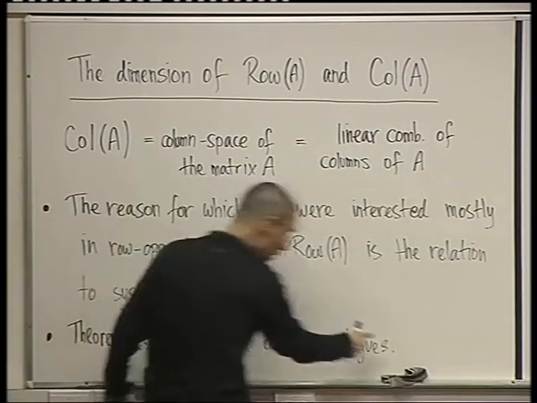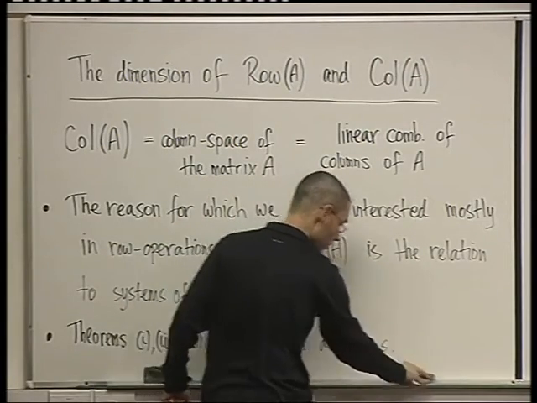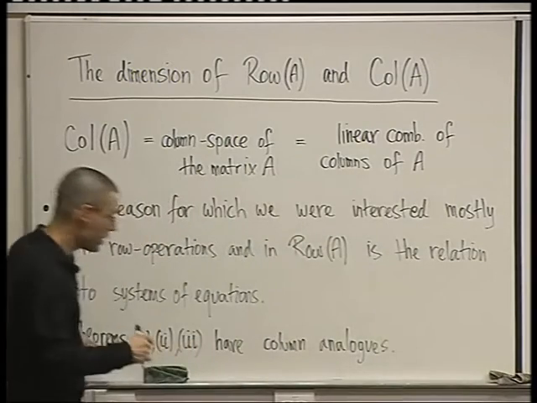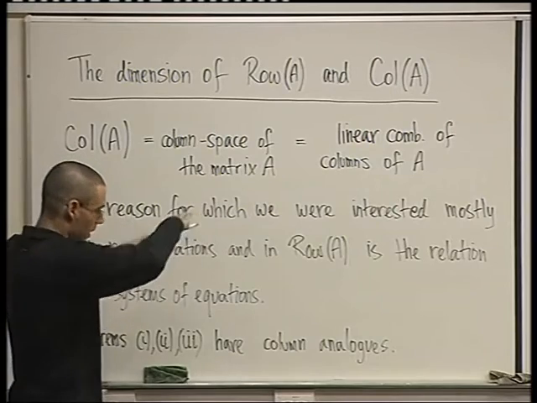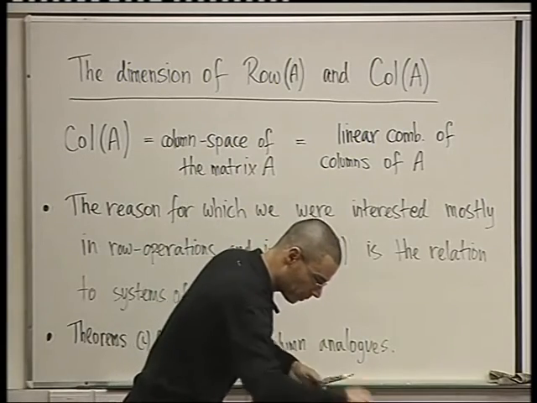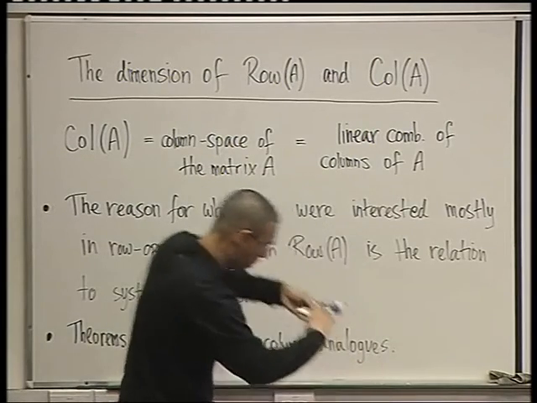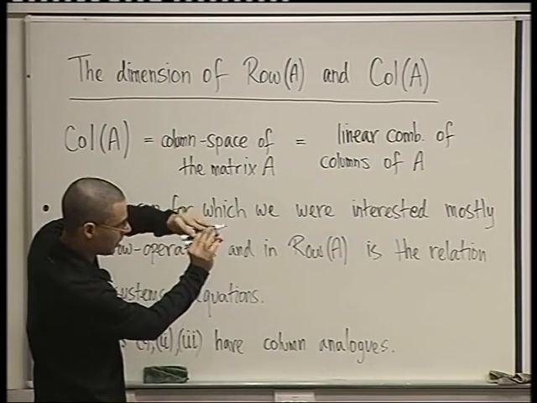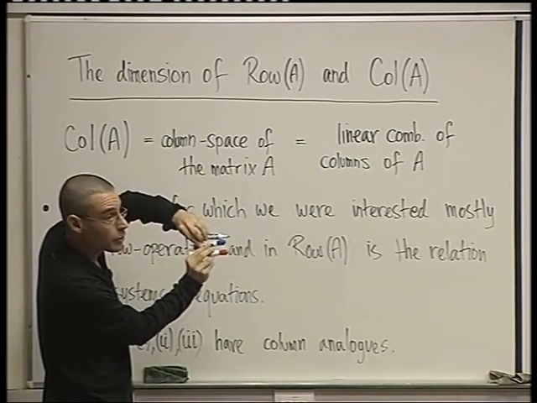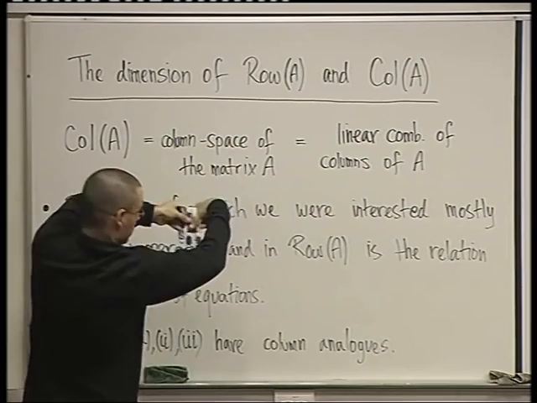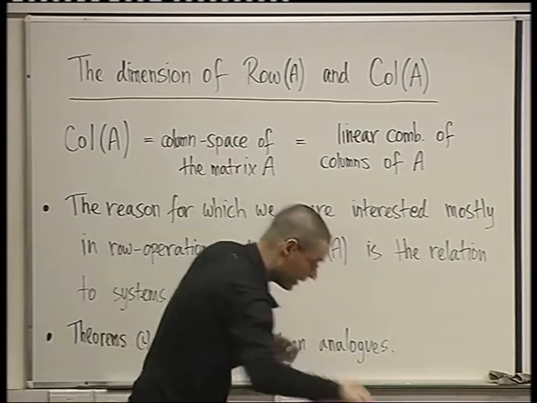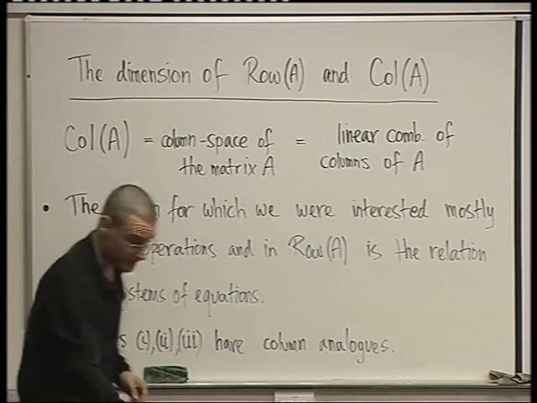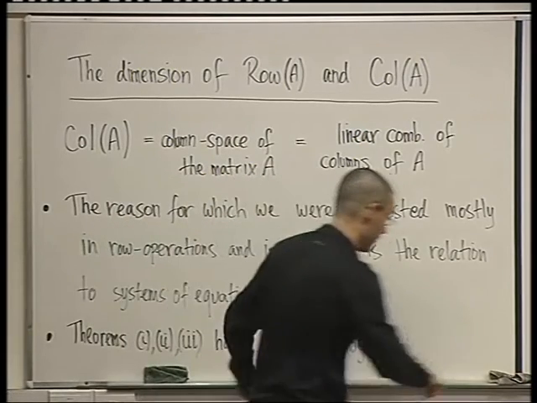They have analogs. You can phrase them for the column space, and proving them would just be transposing. Here are the rows of A, transposing the proofs. Okay? That's the idea. You don't need to go into the details of all the proofs again.